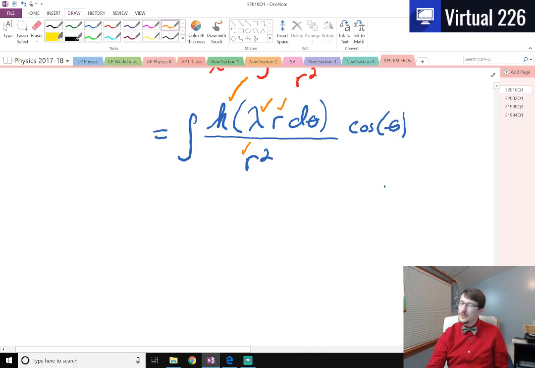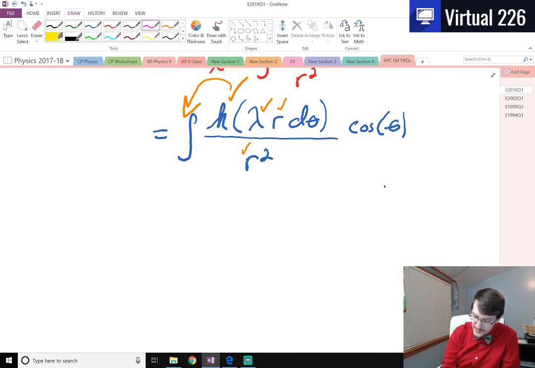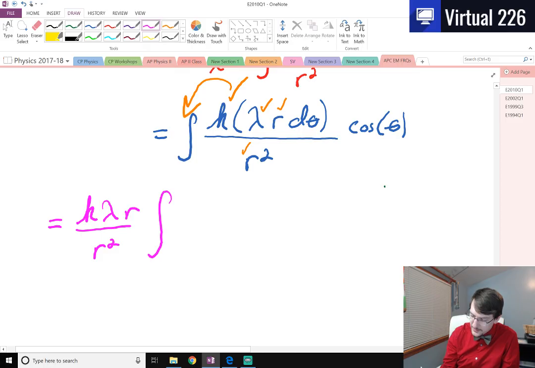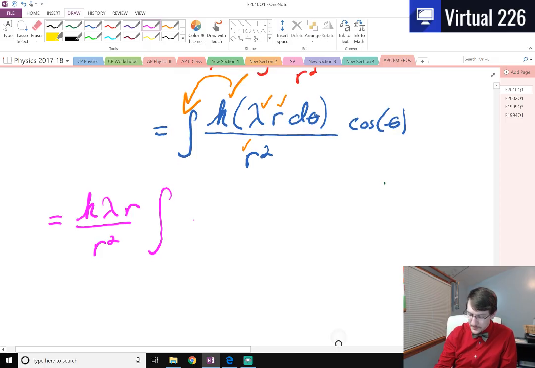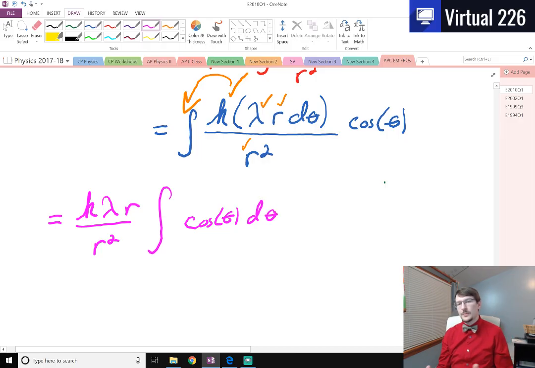We're not going to at the moment; we're going to see why later on. But we can pull all of these outside of the integrand. So this is now equal to k lambda r over r squared times the integral of cosine of theta d theta, because that's probably more like how you're going to see it in your math classes.